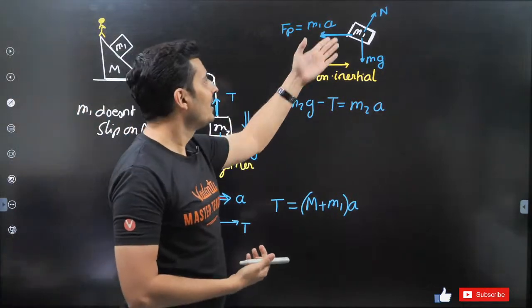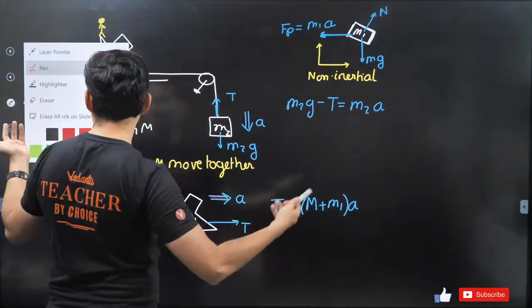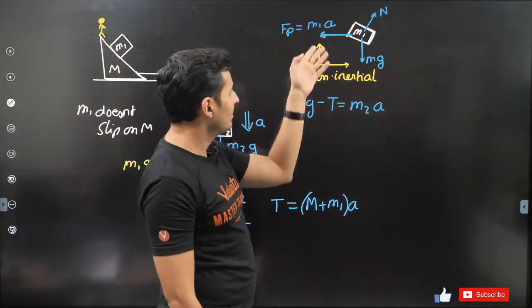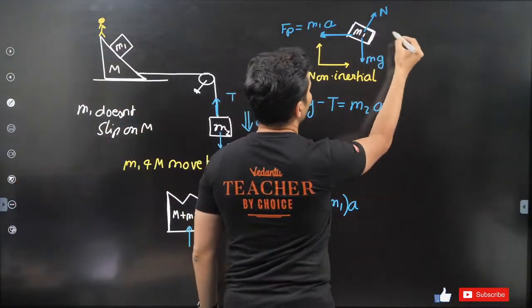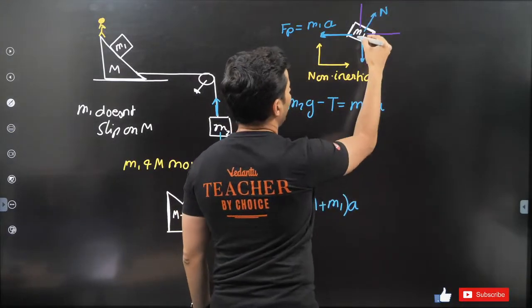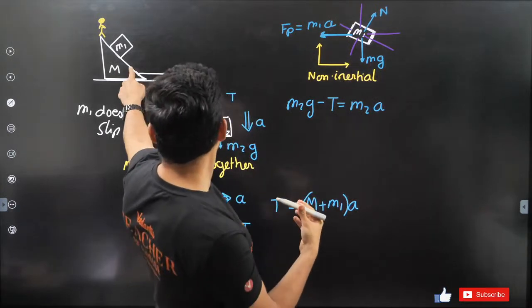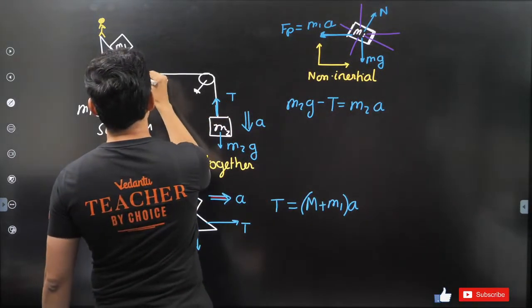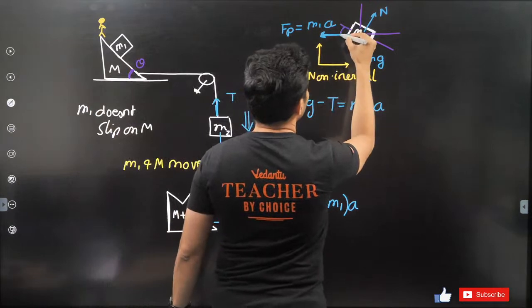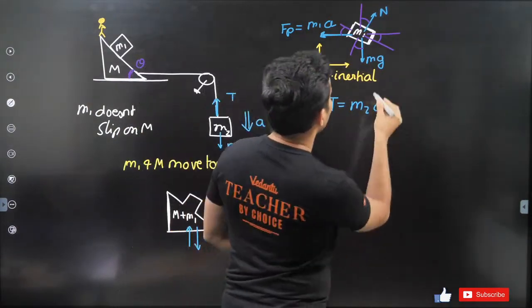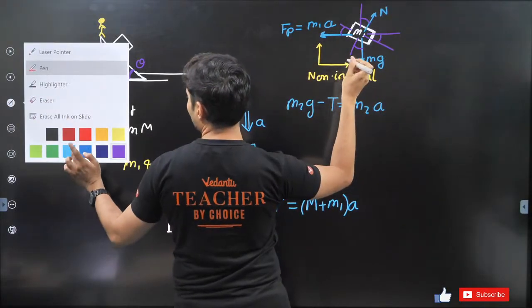Now if you want, you can split the forces. I think it's better to split normal over here than the mg value. So you can drop vertical and horizontal lines like this. You can clearly see that if this is theta, this is theta, this is theta, this is theta, then normal has two components.